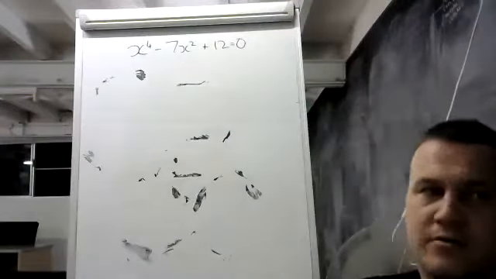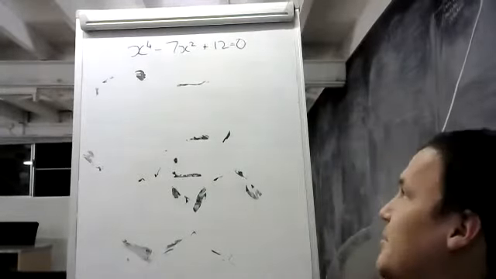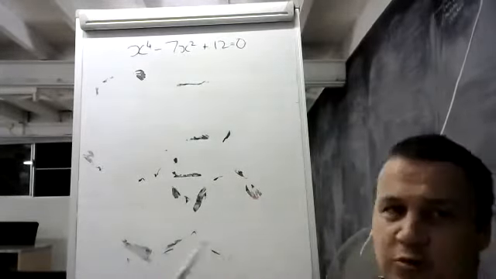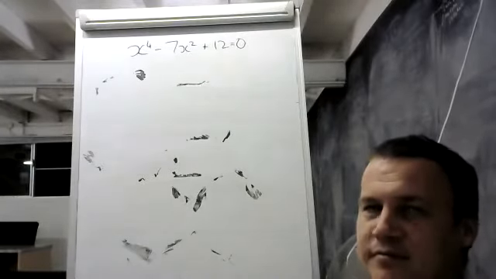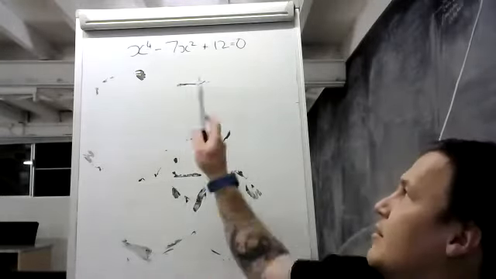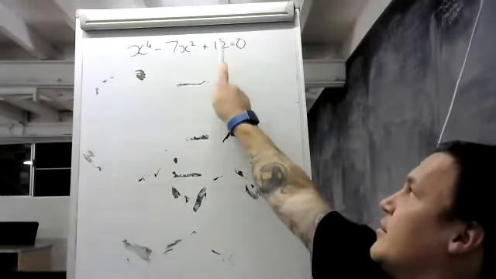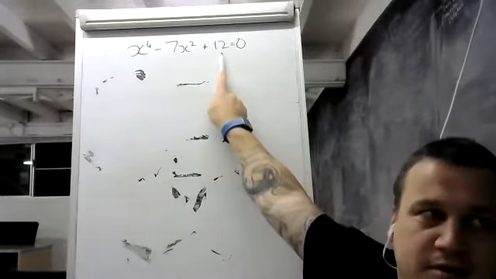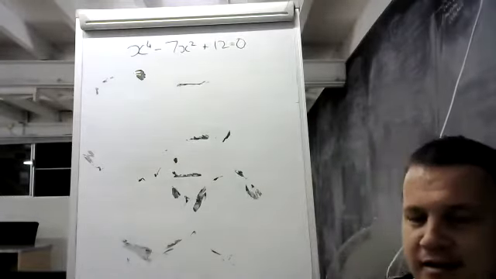So there's a couple of rules to be able to take something and reduce it into a quadratic. It has to equal 0. This number is a constant, meaning it's just a whole number.